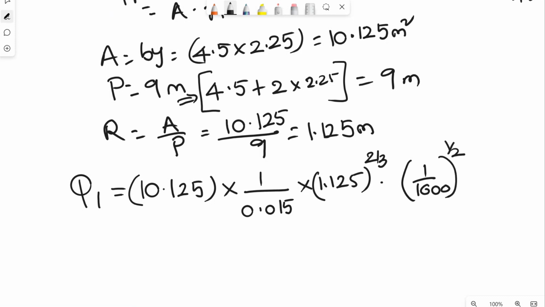If you calculate this, you are bound to get 18.125 meter cube per second.